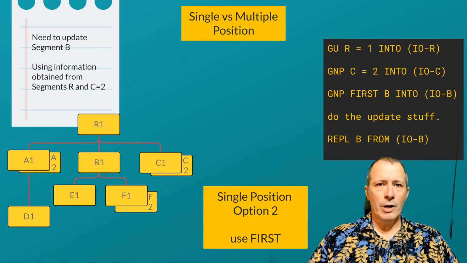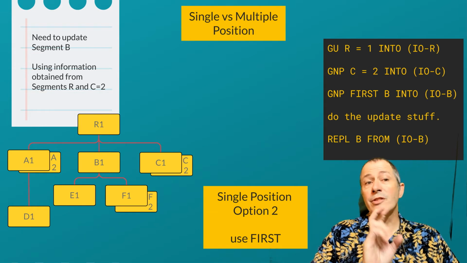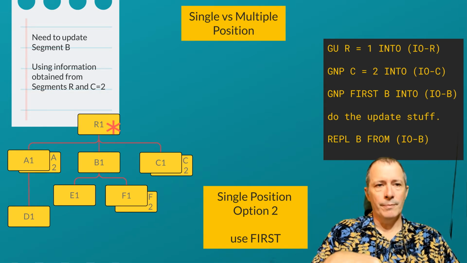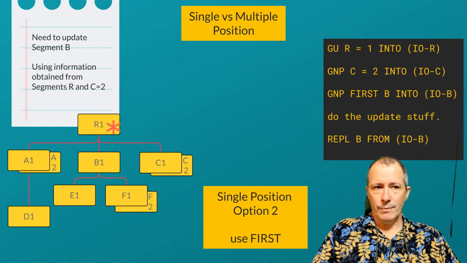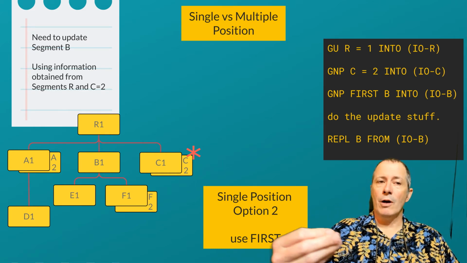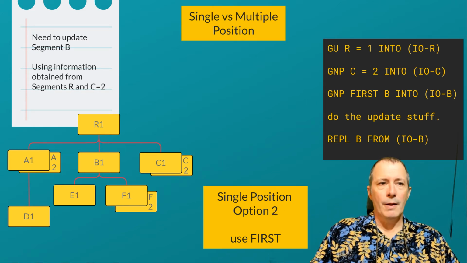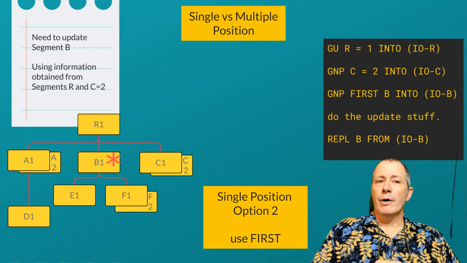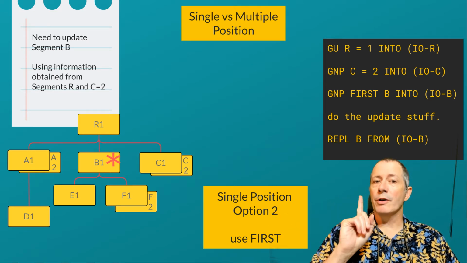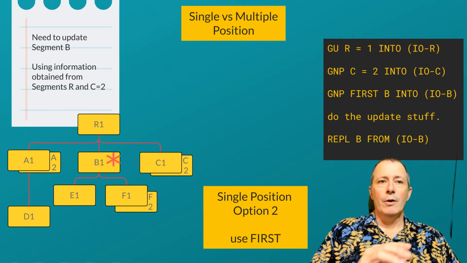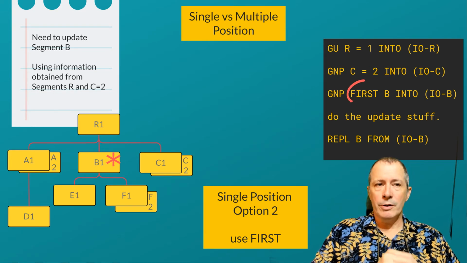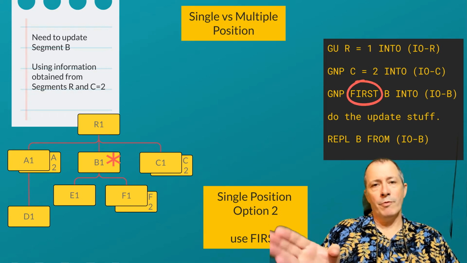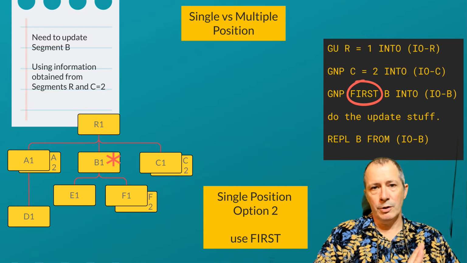This slide shows how the calls might have been done following our shop's guideline and if single positioning was in play. Get unique for the root, a get next within parent for the segment C, get next within parent for segment B using the first command code. Because of the first command code on this call, I think this call worked for both single and multiple positioning PCBs.